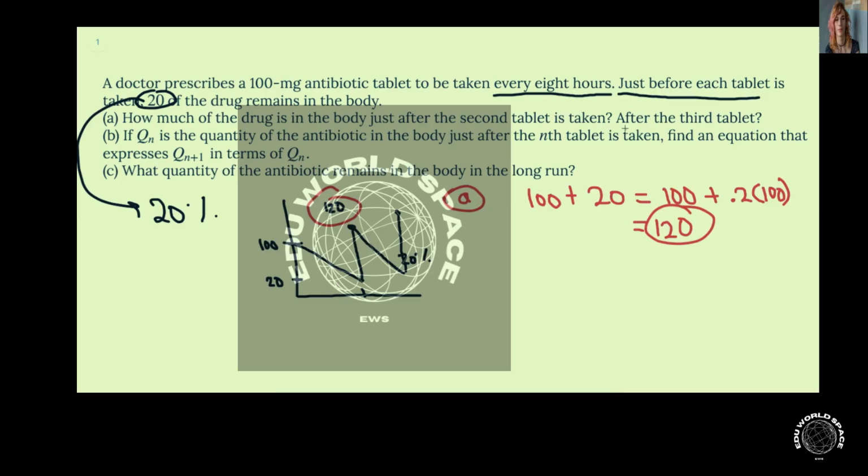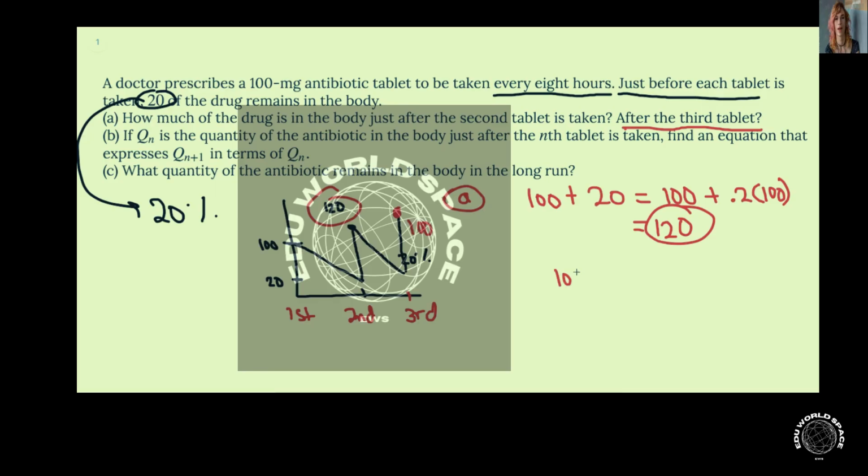And then after the third tablet, here we're at 120. Then we come down to 20%. Then we take our third tablet, so this is first, second, third, and right after we take that, we shoot back up by 100. So what's the total amount?